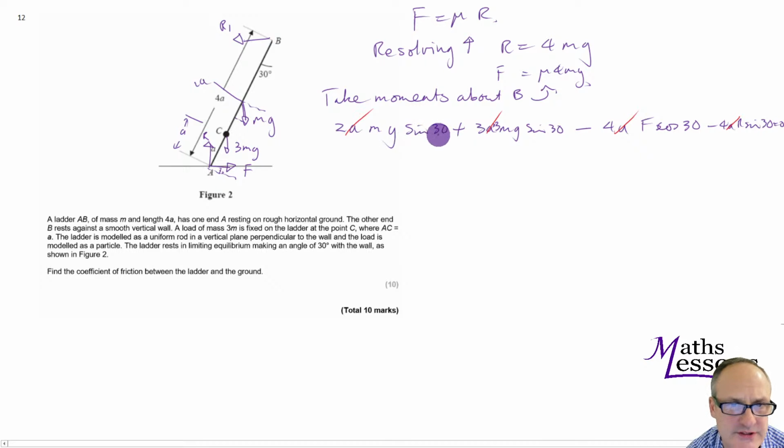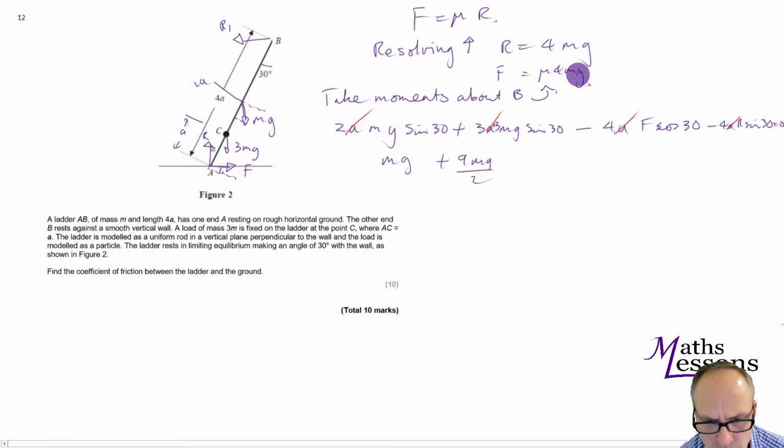So sine of 30 is a half. So that's just going to leave me mg here. Plus sine of 30 is a half. So I'm going to have 9 mg over 2. And then I'm going to have, now the F is equal to 4 mg times mu. So I'm going to have 16 mg times cos of 30, root 3 over 2.